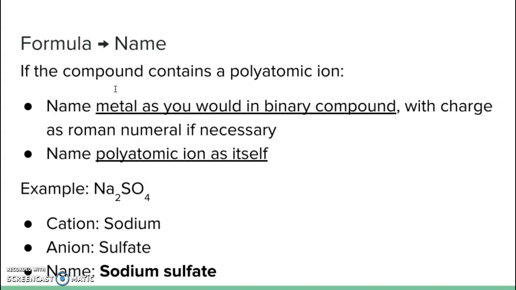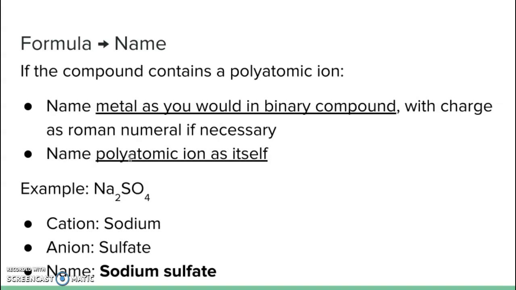So if a compound contains a polyatomic ion, I'm going to name my metal as I would. If it has a transition metal, I need to include that Roman numeral, but nothing is changing of how we've been doing the name.